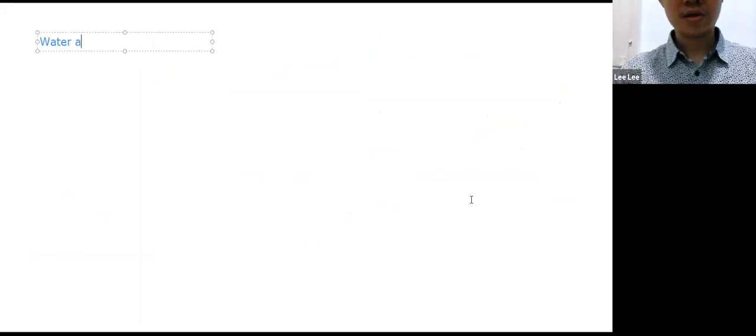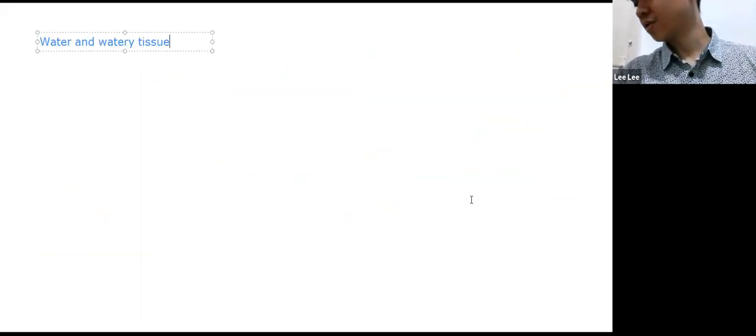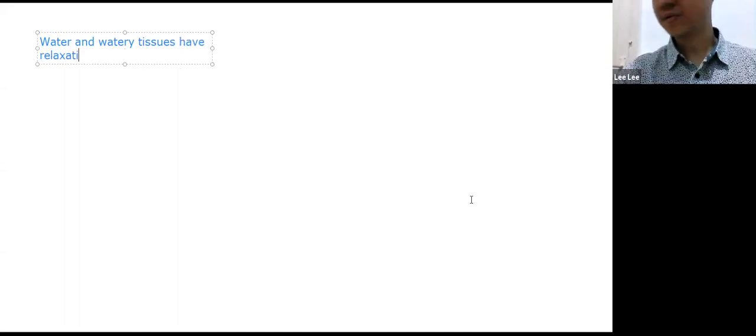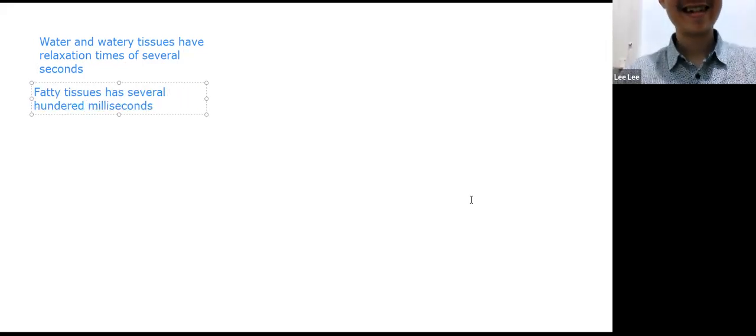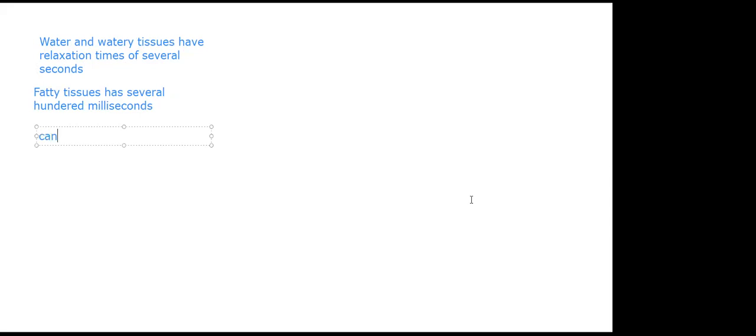Water and watery tissues have relaxation times of several seconds. Fatty tissues have several hundred milliseconds.